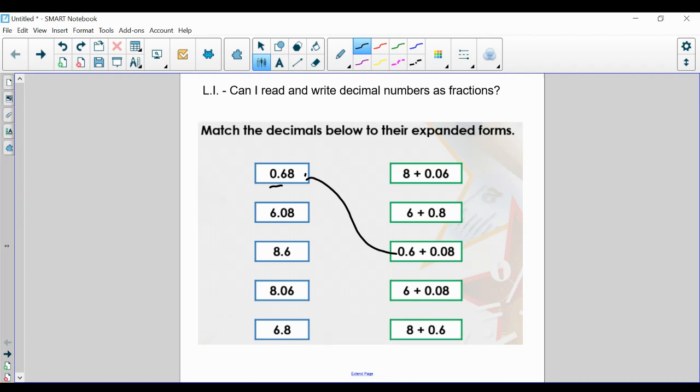Next one, we got 6.08. So it could be this one, but it's 0.8, so it's this one. 8.6. So here we have 8 and then 0.6. We just imagine if we place these two numbers on top of each other, what would it look like? And it would look like that. The other one with 8 here and the other one 6.8 there.